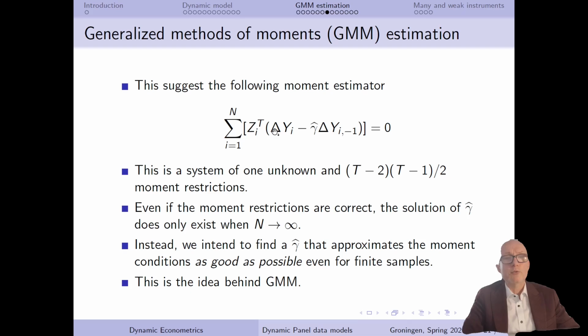It's equal to delta Yi minus gamma hat times delta Yi minus 1. And there is now a problem: in order to estimate gamma hat, we are going to set the optimal weighing matrix, but then this optimal weighing matrix actually depends on gamma hat. So that is actually problematic.